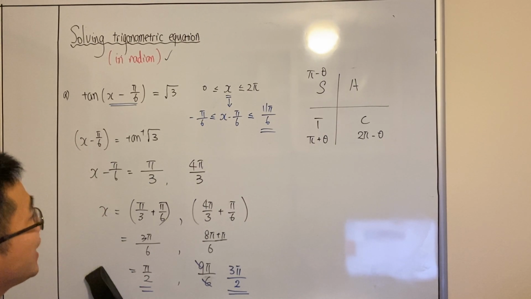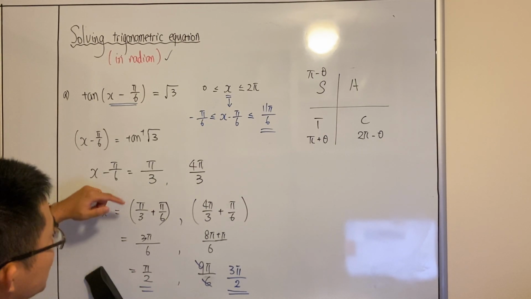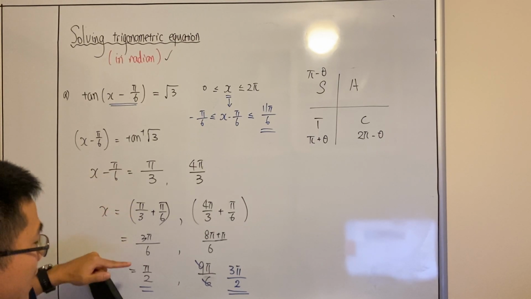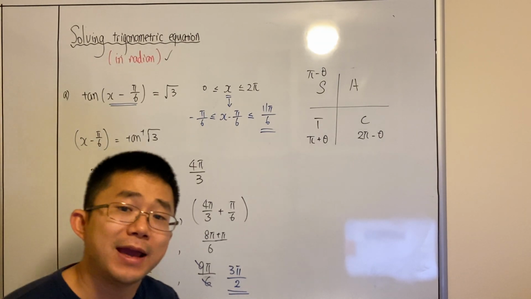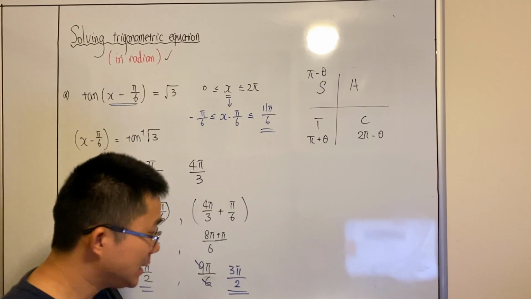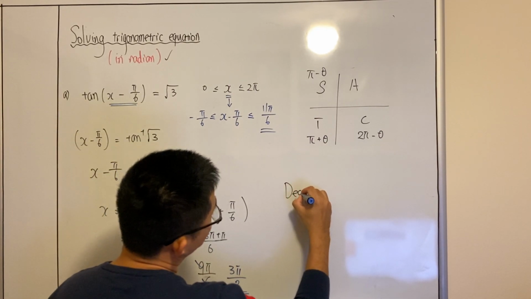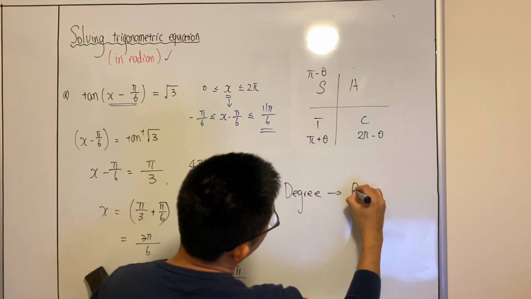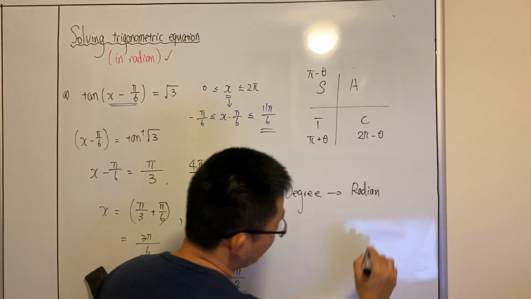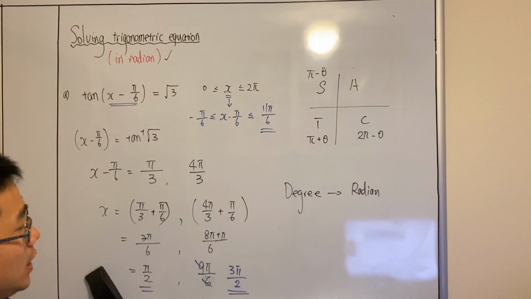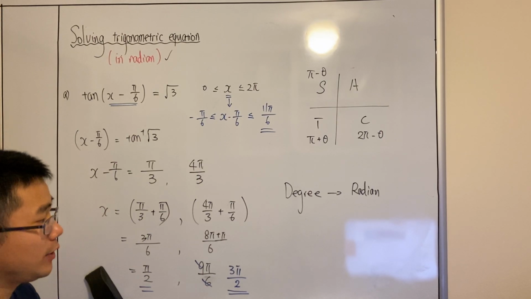If the question asks you to work out to 2 decimal places, that's the time you use your calculator to work out the answer. But this time, you need to make sure that you change your calculator setting from degree measure to the radian measure. Because if you don't change it, all your answers will be incorrect. So this is very important.